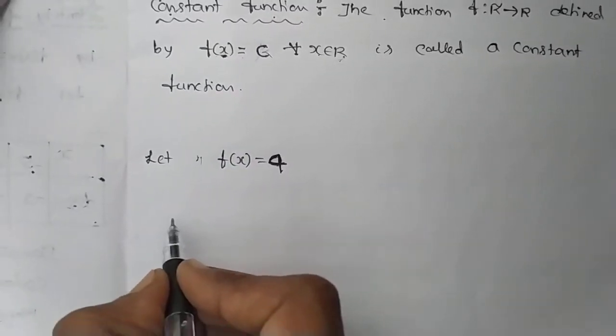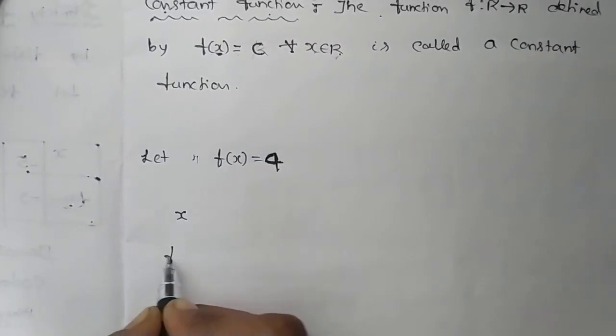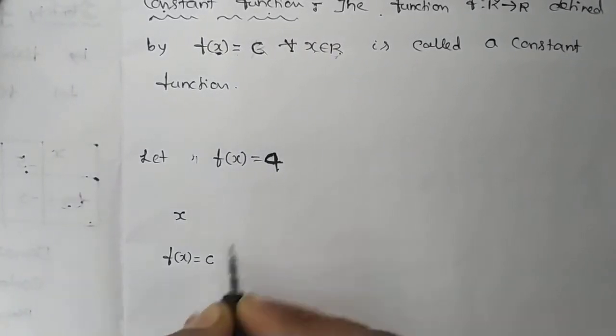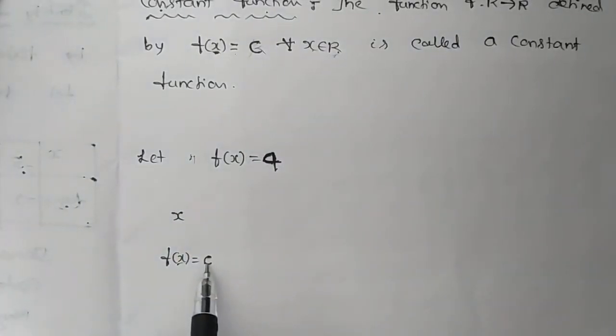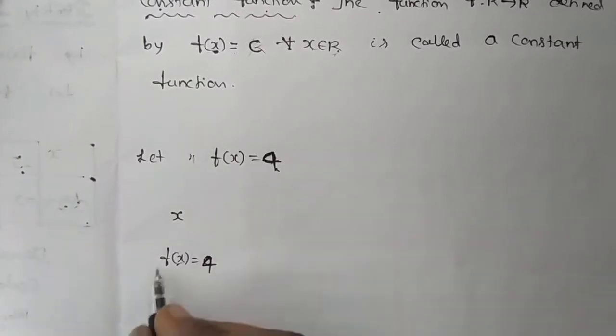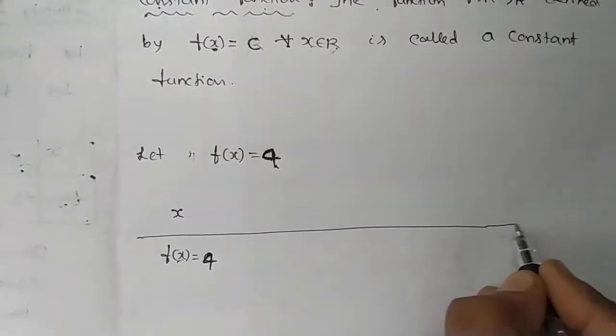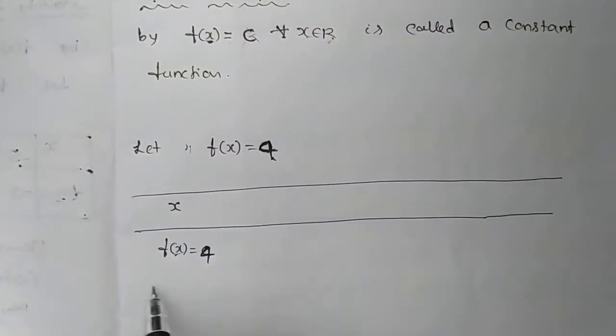Let us take the table for this function. It is x and it is f of x equals to c. C we are taking 4. Right? Let us draw the table for this function.